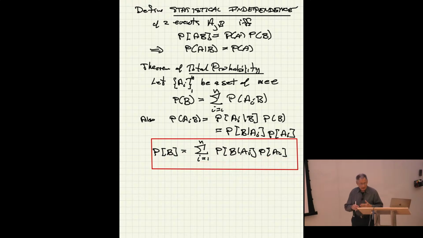So the rule is you have an event whose probability you want. Can't figure it out. Condition it on something, and then that summation unconditions it. And if this is still too hard to do, condition it on something else.